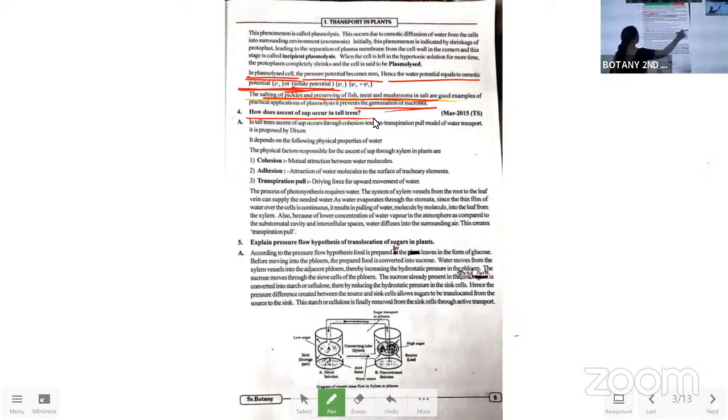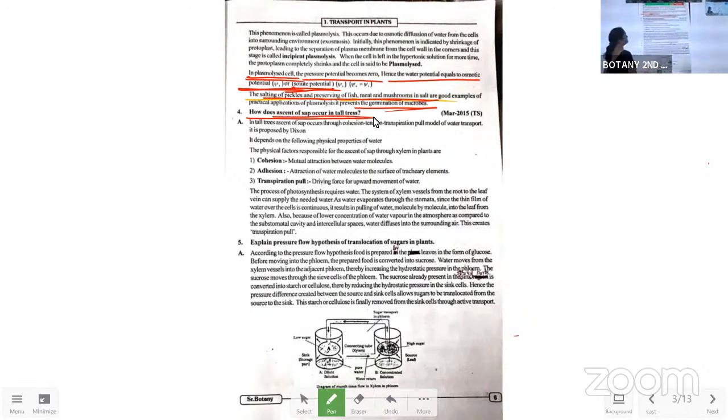This is the question now. Okay. So from this chapter, we can expect one question in the supply exams, because this chapter is the easiest chapter and you can write in your own words also sometimes. So for example, the ascent of sap.